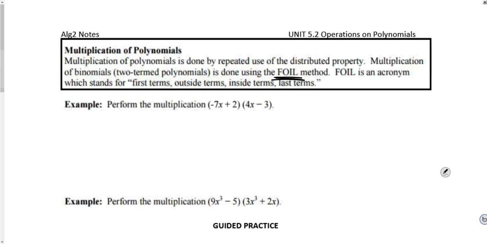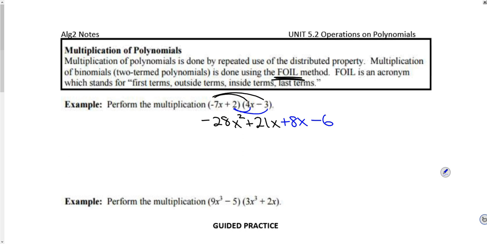So all it is is FOIL. Multiply that with that, that's negative 28x squared. Multiply that with that, that's plus 21x. Then we take the second one, multiply that with that. Positive 2 times 4 is positive 8x. And then take that positive 2 and multiply it to the negative 3, and that's minus 6.